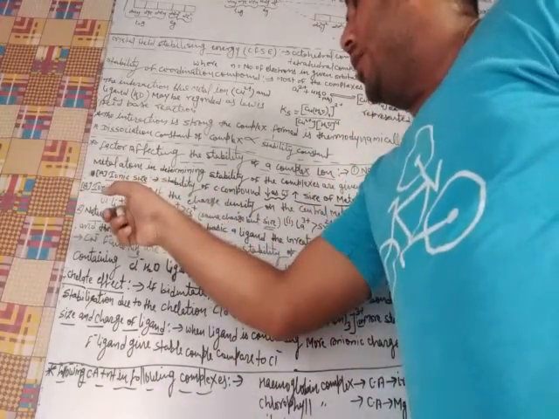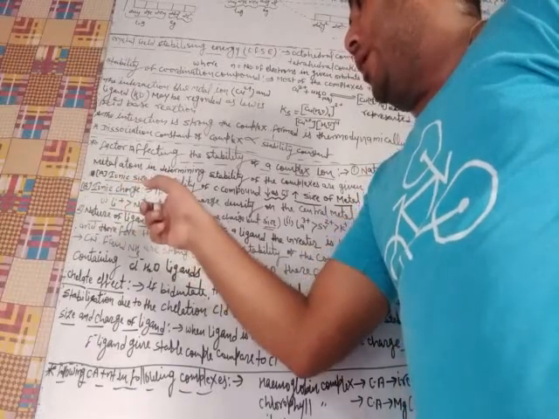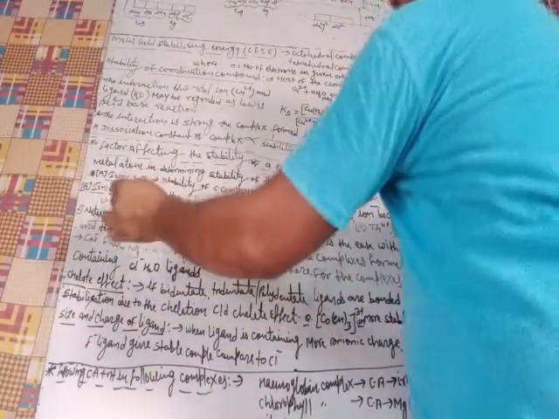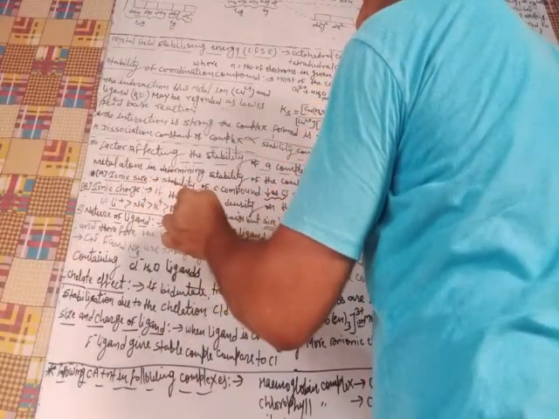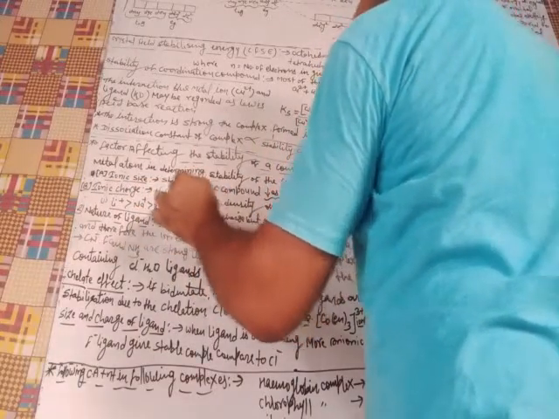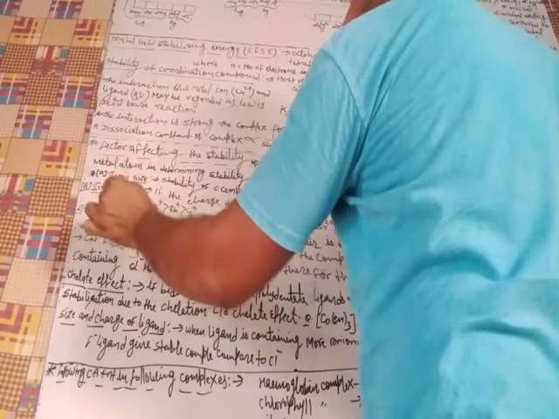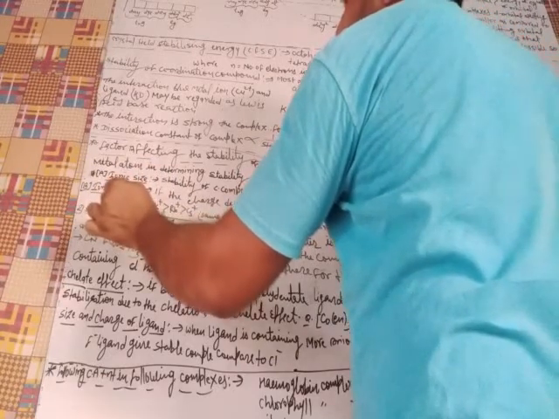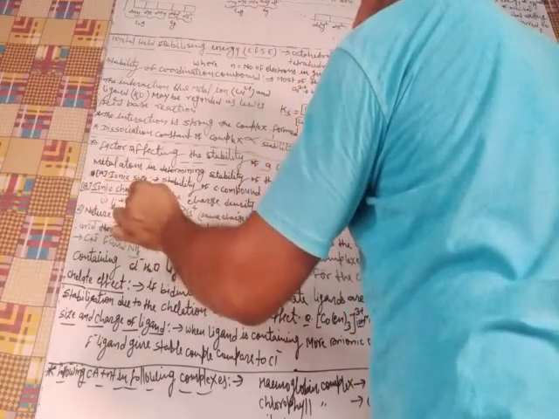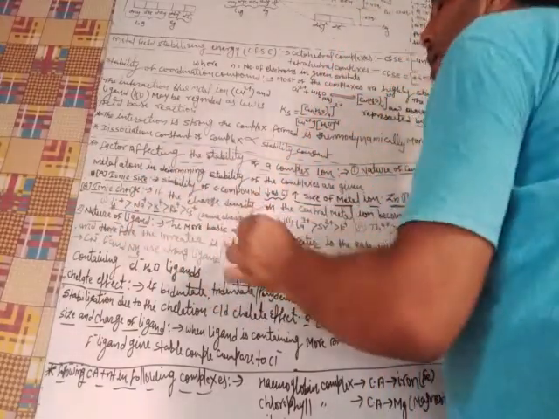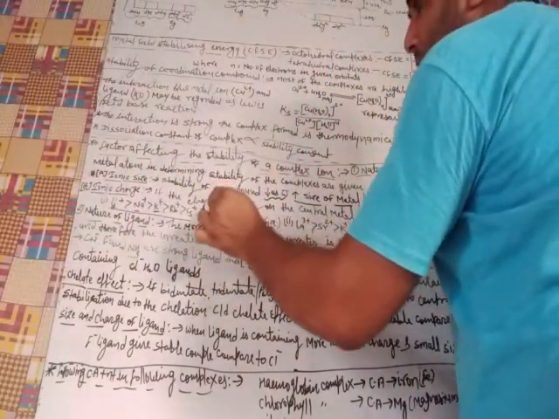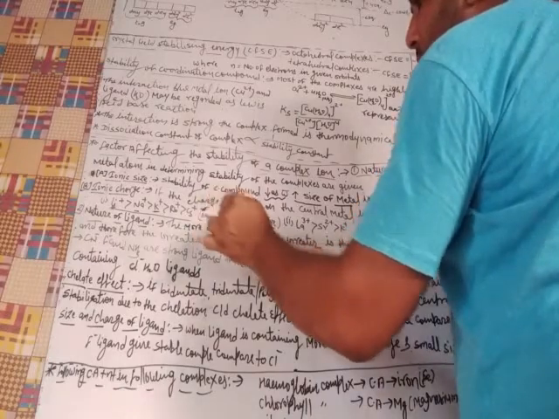Stability is in this order because the charge is the same, but lithium's size is smaller than sodium, and sodium's size is smaller than potassium. So this order of stability is decided by size.